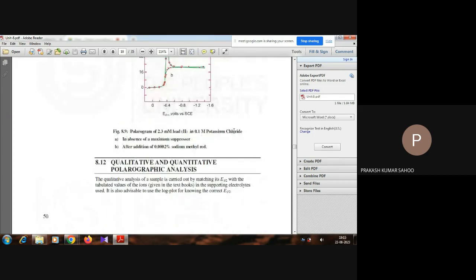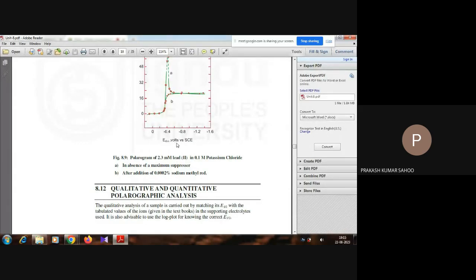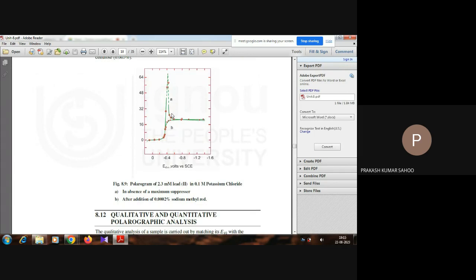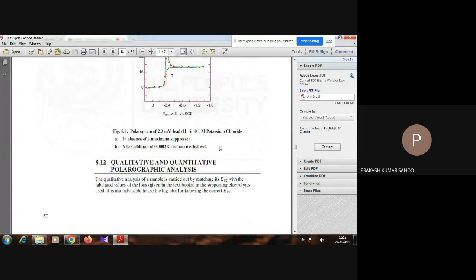And we have the polarogram, that is diffusion current versus standard calomel electrode. A is the absence of maximum suppressor, and B is after addition of 0.0002% sodium methyl red. So this acts as the suppression. By adding the suppressor, the potential goes down. So these things are here.